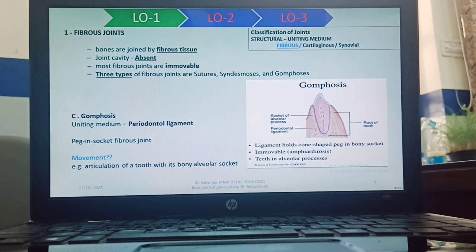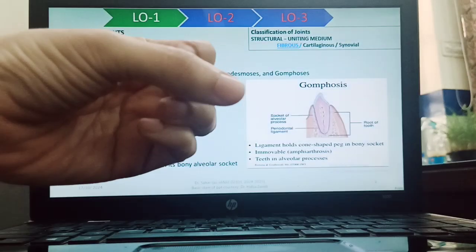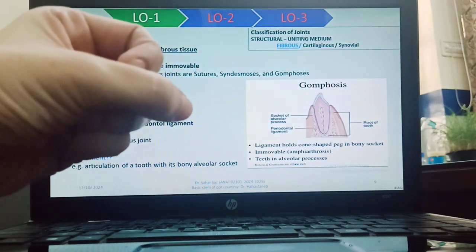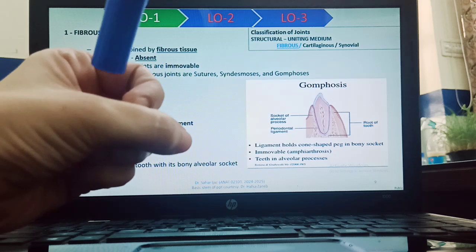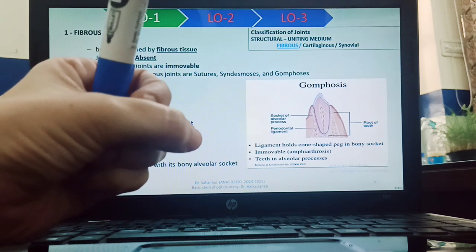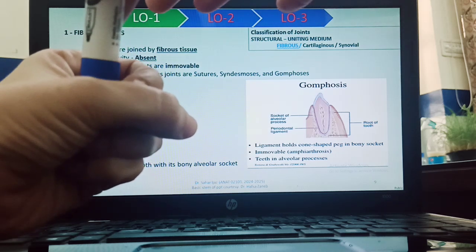Then gomphosis. This is the joint the root of the tooth forms with the socket of the bone there. So it is a peg-in-socket fibrous joint. This is the peg, the socket, and this is the root of the tooth, the blue area. It is inserted into this socket.